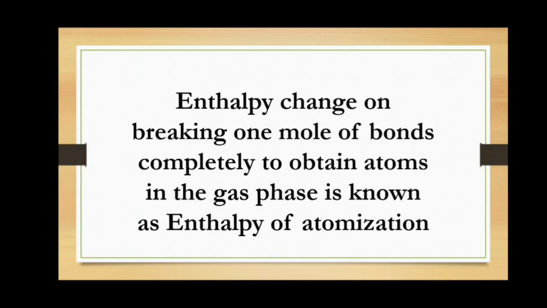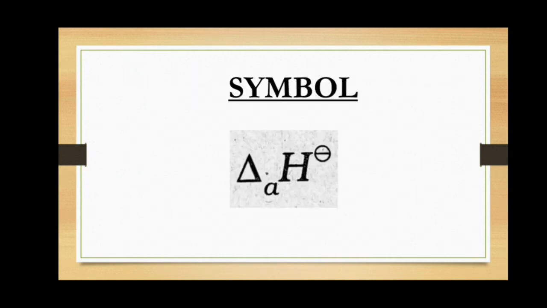That is, breaking of bonds. The symbol is delta a H with a superscript. All substances should be in their standard states. This is the symbol of enthalpy of atomization.